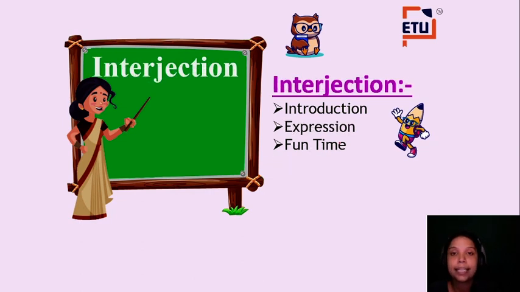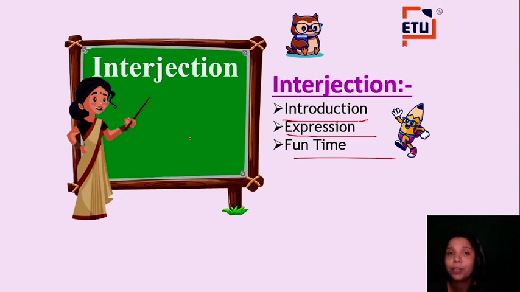The next part is interjection. Here we will do the same thing that we did for class 4, but remember, in an advanced way. Correct, always in an advanced way. The more you grow, the more you have to learn, isn't it?